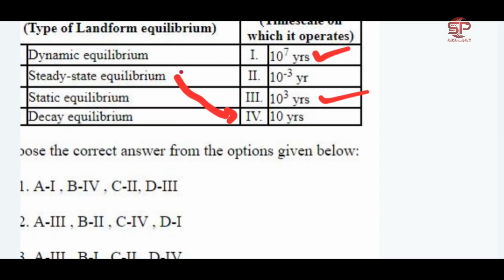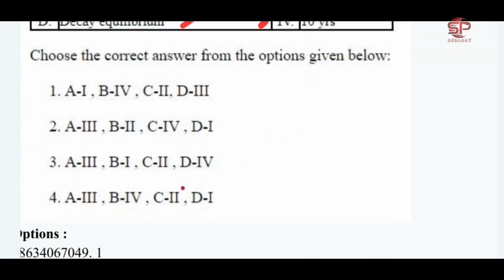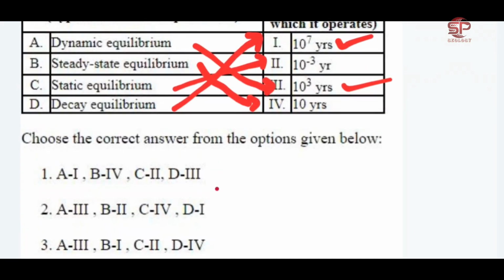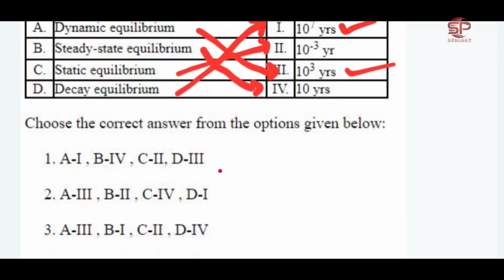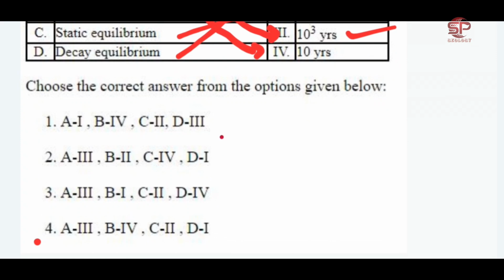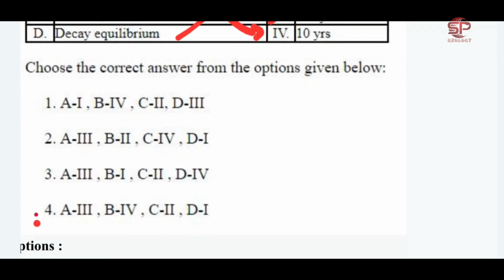So steady state 10 years, dynamic 10 to the power 3 years, static 10 to the power minus 3, decay equilibrium 10 to the power 7. The answer will be A3, B4, C2, D1, which is option 4.